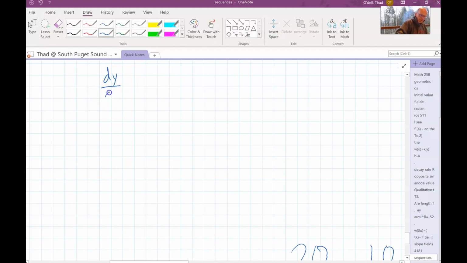dy/dx is equal to f(x), where y is the dependent variable and x is the independent variable. We could talk about the existence of a solution at a certain point.